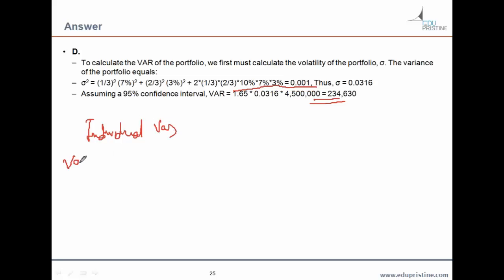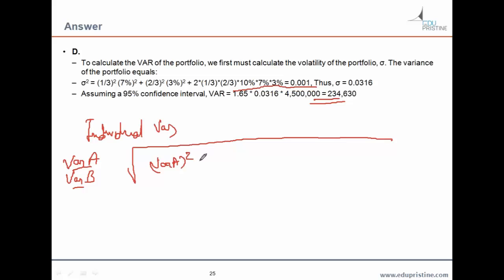So you take out the VAR for A and the VAR for B. Later on, once you have the values, it is VAR of A the whole square plus VAR of B the whole square, plus 2 into correlation into VAR of A into VAR of B. You'll surely get the same answer.